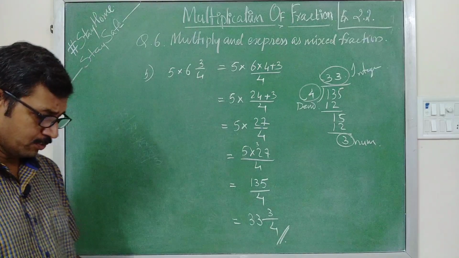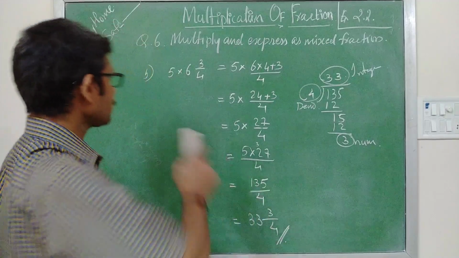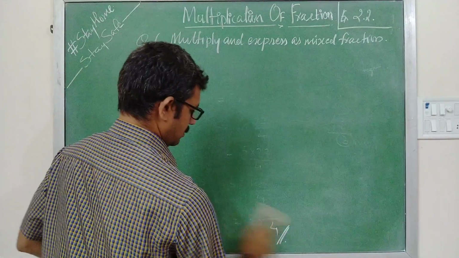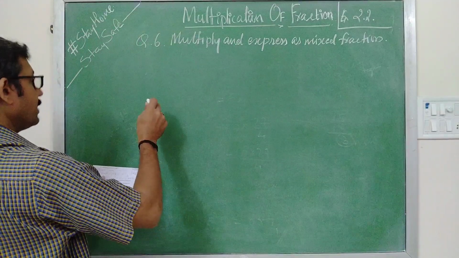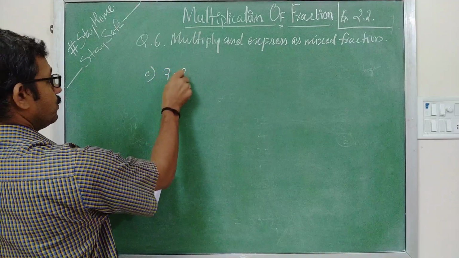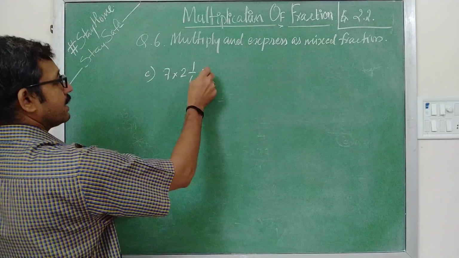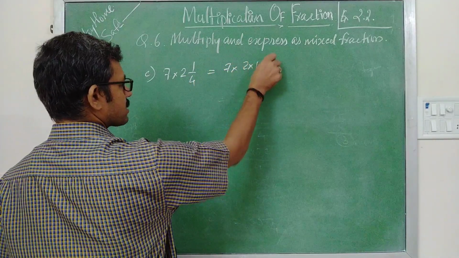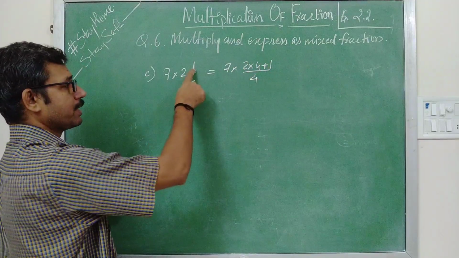Okay, so we will move on. The next one is C, that is 7 into 2 integer 1 upon 4. The same procedure: 7 into 2 into 4 plus 1 upon 4, 2 into denominator plus the numerator.